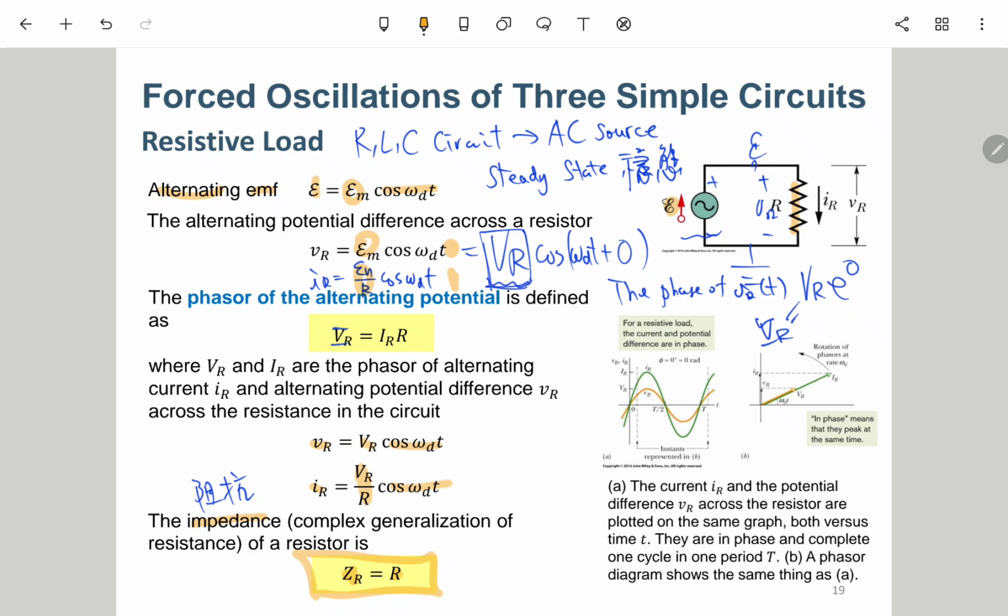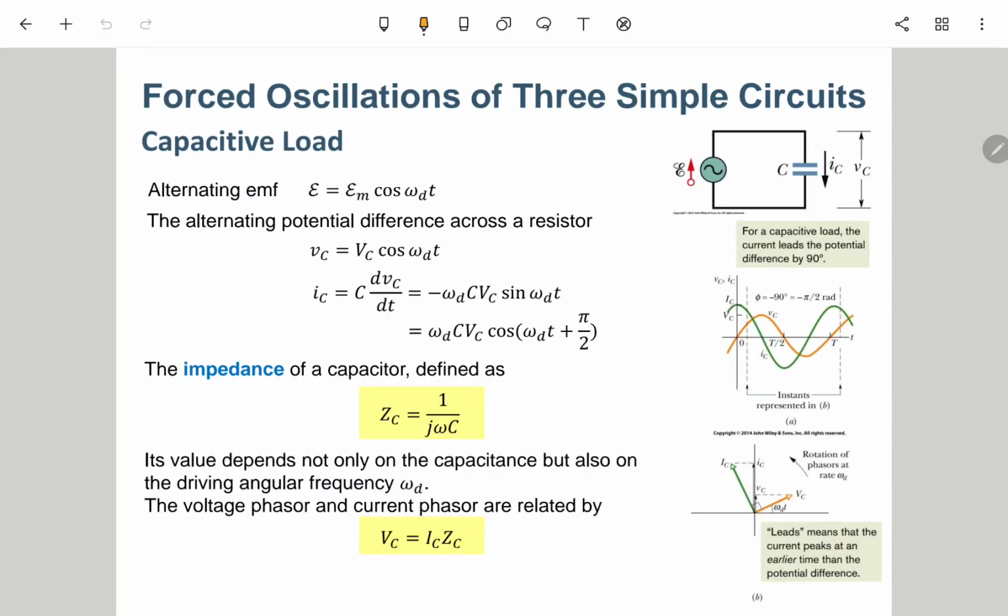So far for the resistor you feel like you just defined something useless here, but for the capacitor and inductor it is not the case. So for the capacitor, here we have a capacitor. Still we have the AC source, eta equals EM times cosine omega dt.